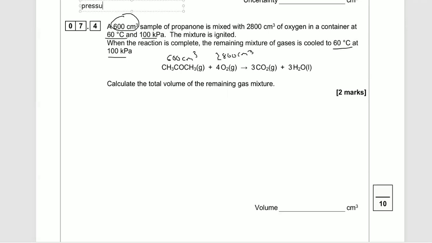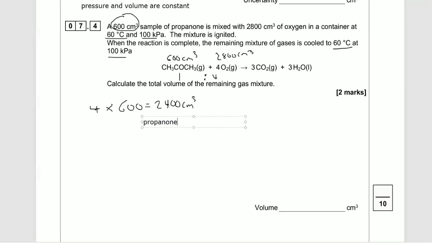Now that's interesting, because if the pressure is the same, it means our centimeters are like equivalent to moles, basically. So what we're going to do here is use the ratio of the coefficients. So propanone to oxygen is 1:4. So for 600 centimeters of propanone, I'm going to need 2,400 centimeter cubed of oxygen, right?